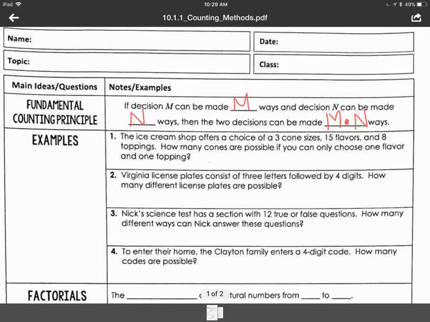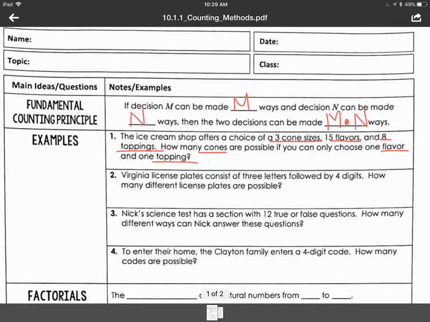Some are pretty simple, like this first ice cream shop one. If you can have 3 cone sizes and 15 flavors and 8 toppings, how many cones are possible if you can choose 1 flavor and 1 topping? So remember, you're going to have to pick your cone and your flavor and your topping.